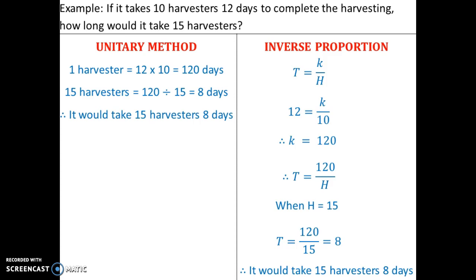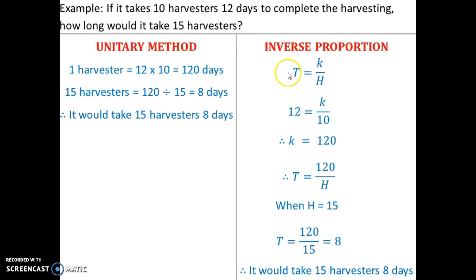Next example, if we've got 10 harvesters, take 12 days to complete harvesting of a property, how long would it have taken 15 harvesters? So I'm just going to go over here to this inverse method that we were doing first. I set it up as t for time and h for number of harvesters.